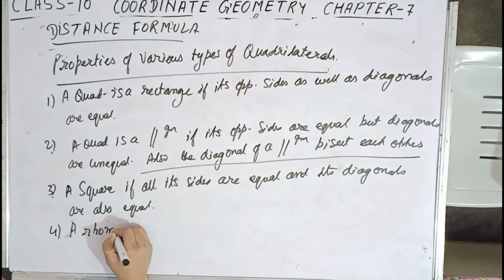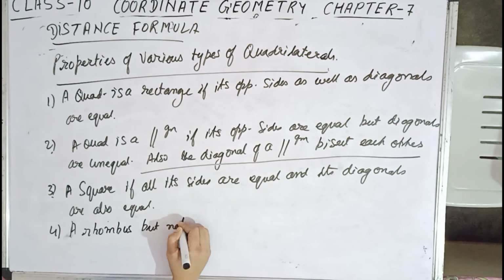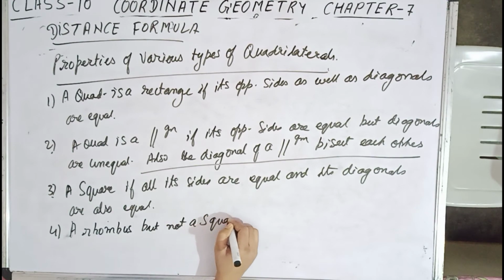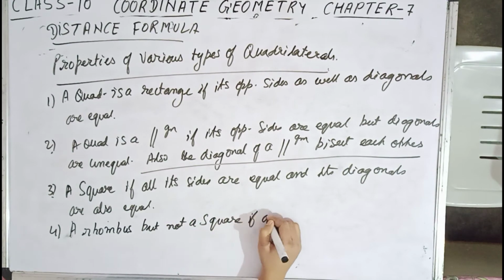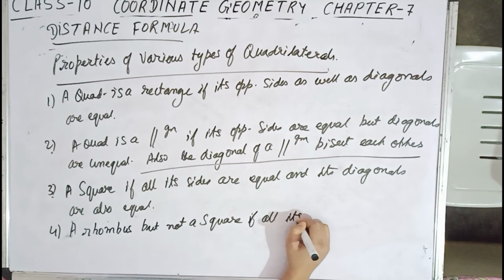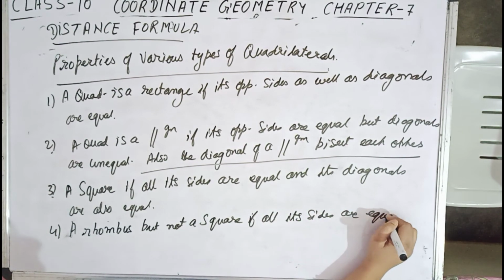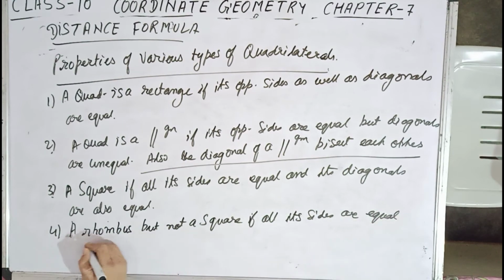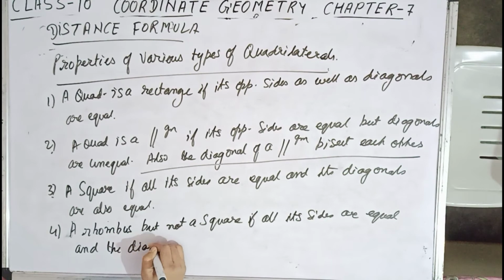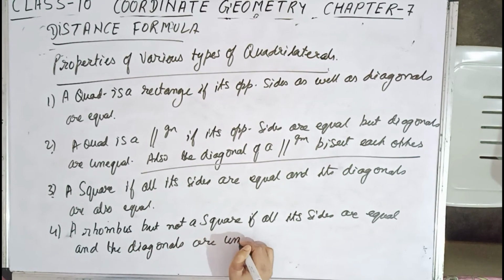So a rhombus but not a square if all its sides are equal and the diagonals are unequal.